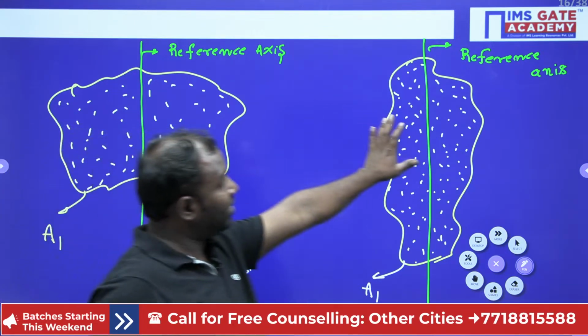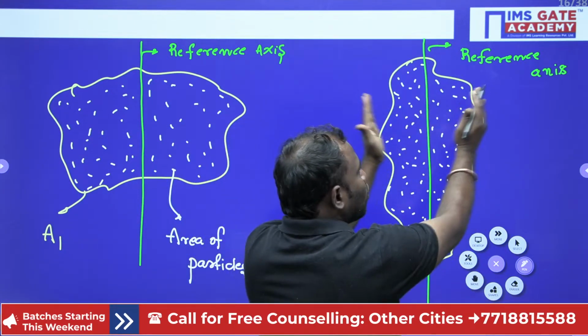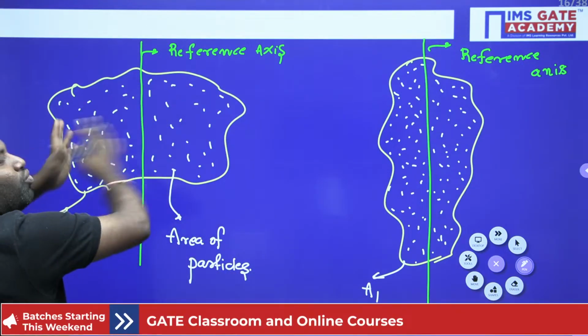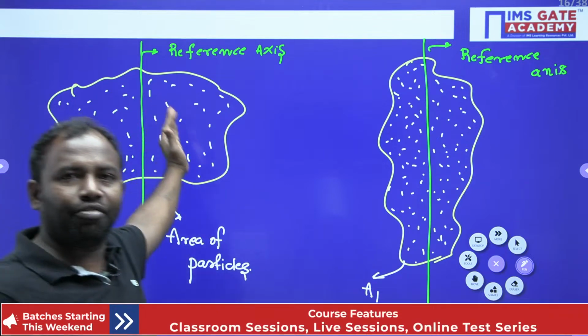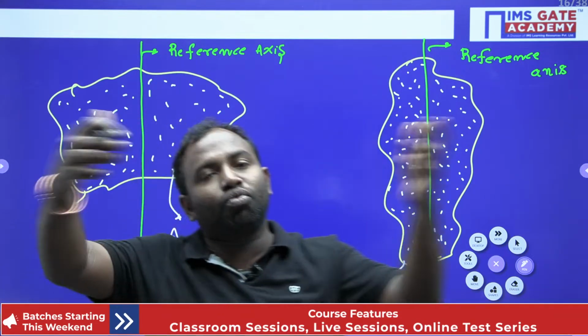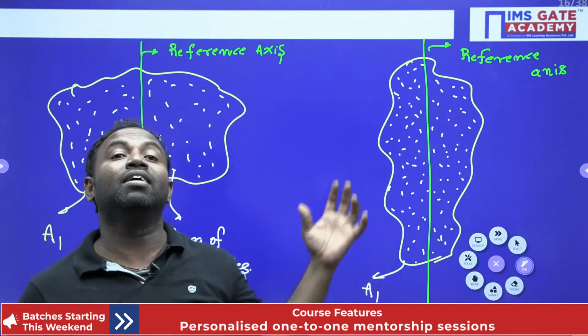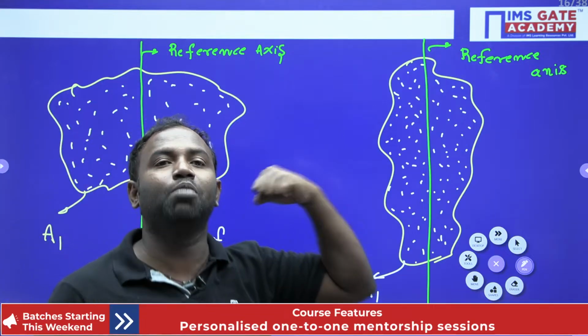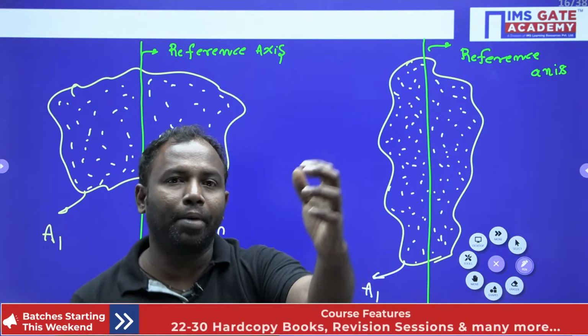Now if you observe here, the particles are very close to the axis, right? Here if you observe, the particles are distributed so far from the reference axis, isn't it? Right, now whenever particles are distributed so far from the reference axis, then we consider it as having high resistance, so it has high moment of inertia. I hope everybody understands, right?